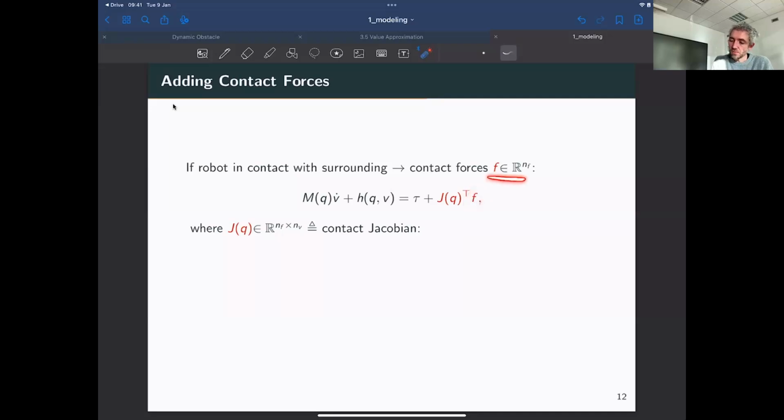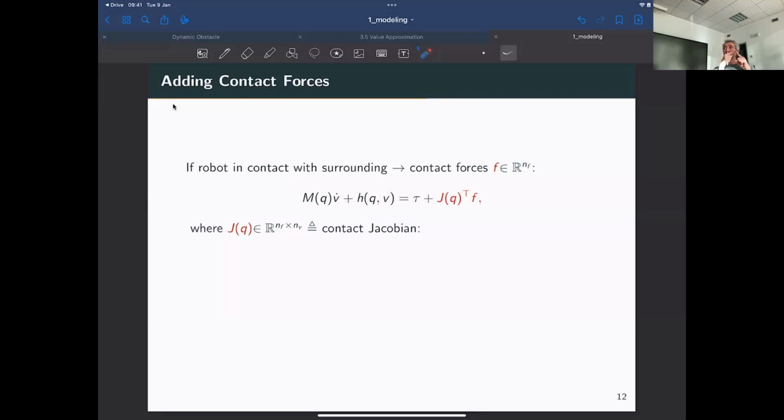So the vector of contact forces has an arbitrary dimension, because it depends on which kind of contacts we are making. So if I'm making a so-called point contact, so let's suppose that I'm touching the wall with just the tip of my finger, that's a point contact.